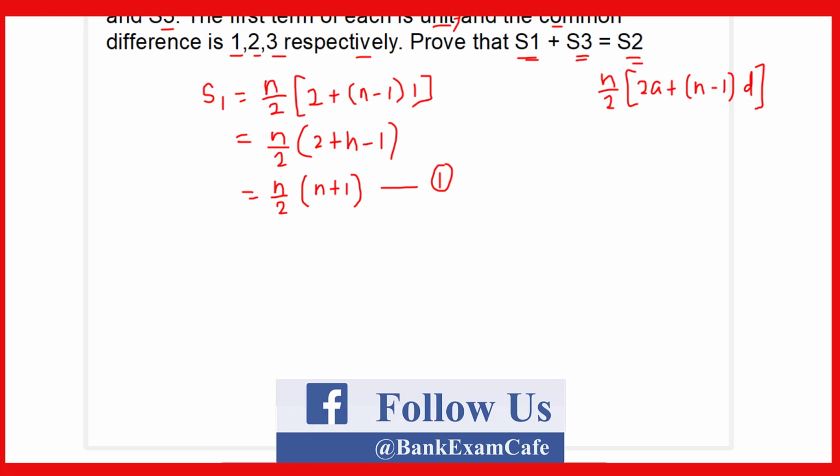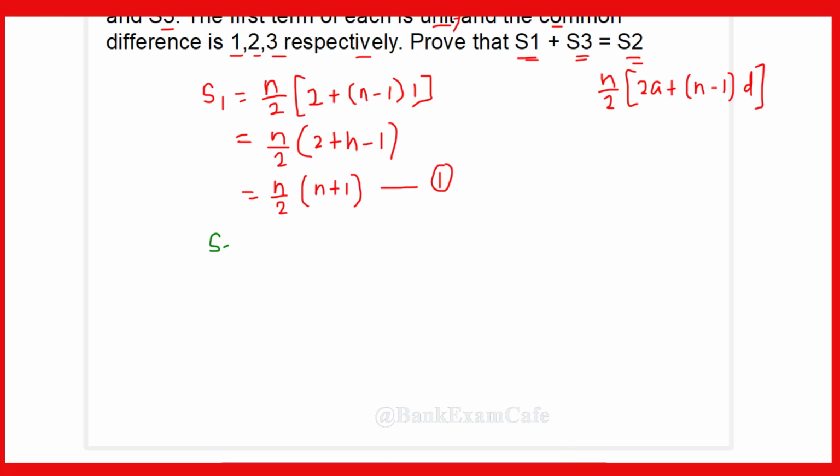So S2 is equal to n by 2 into bracket 2a. A is 1 because the first term of all the 3 arithmetic progressions is 1. So 2 into 1 will be 2. 2a plus bracket n minus 1 close the bracket, and d for the second arithmetic progression is 2, close the bracket.